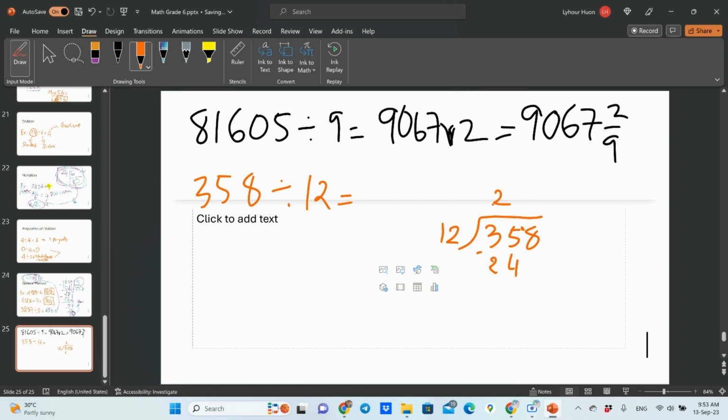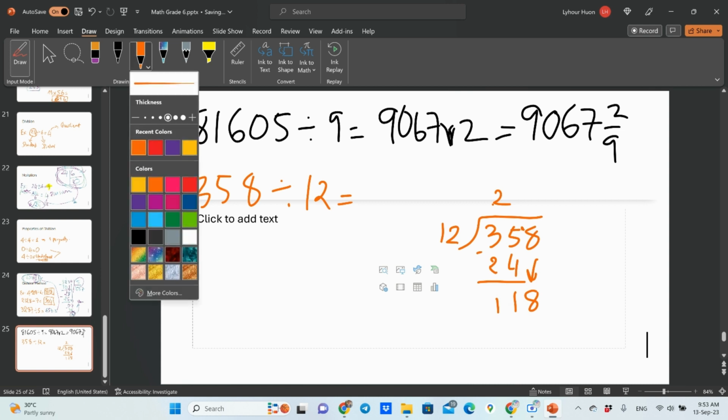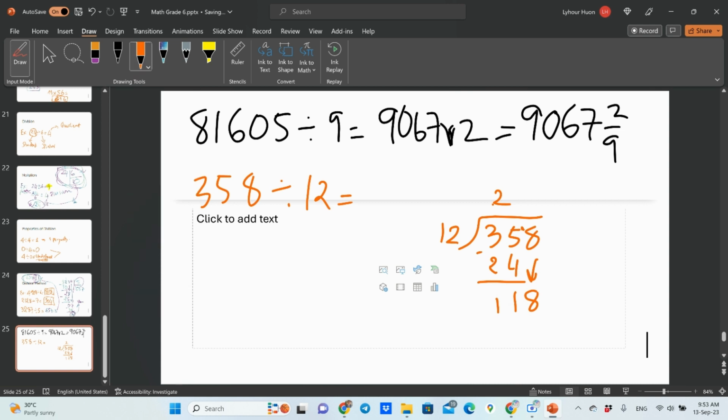Then 35 minus 24: 5 minus 4 is 1, 3 minus 2 is 1. And then we drop the 8, so 118. What number times 12 goes into 118?